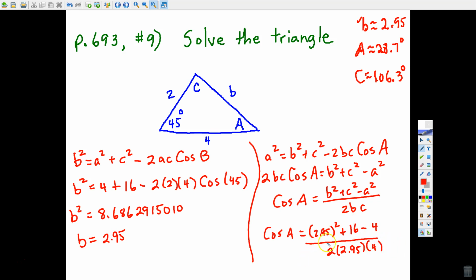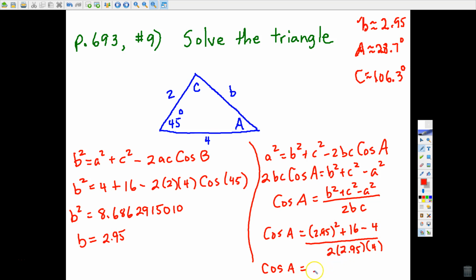So we're going to grab our calculator, make sure we use parentheses correctly, and we'll see what we get when we just plug all of this into our calculator, putting parentheses around the numerator and the denominator. Okay, so we'll see if we match cosine A.